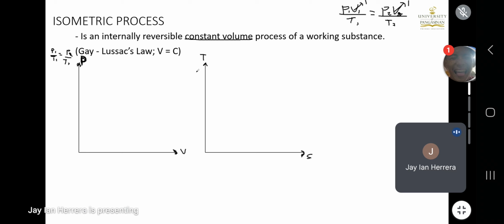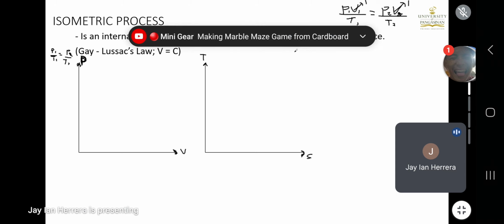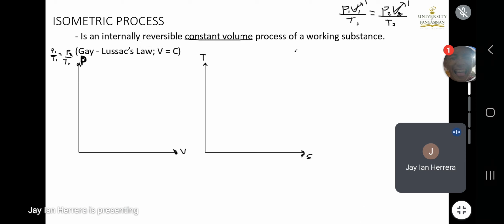At the same time, sa TS naman, directly proportional din si temperature and entropy, hindi na mapaghihiwalay. Isa siyang fundamental law ng thermodynamics. Kung matandaan nyo, it is under the third law. So, parang the entropy will not go down. It just goes up or stays the same relative to the temperature. That is the third law of thermodynamics. Kaya lagi magka-partner yan sa diagram, si PV and TS.